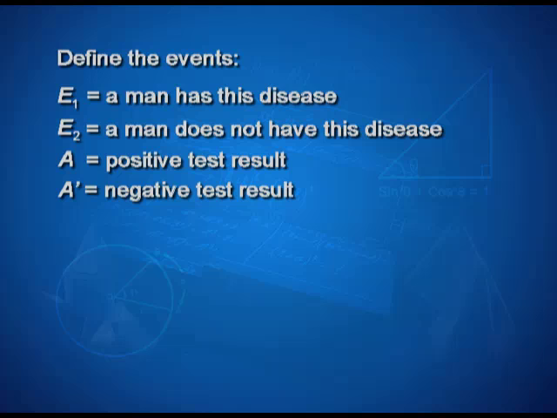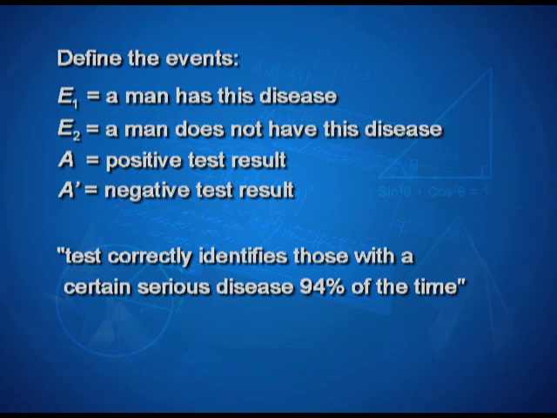Now, we had a statement which says that the test correctly identifies those with a certain serious disease 94% of the time. This translates into saying that the probability of a positive test result given that the person has the disease is 0.94. So, the probability of A given that E1 has happened is equal to 0.94.